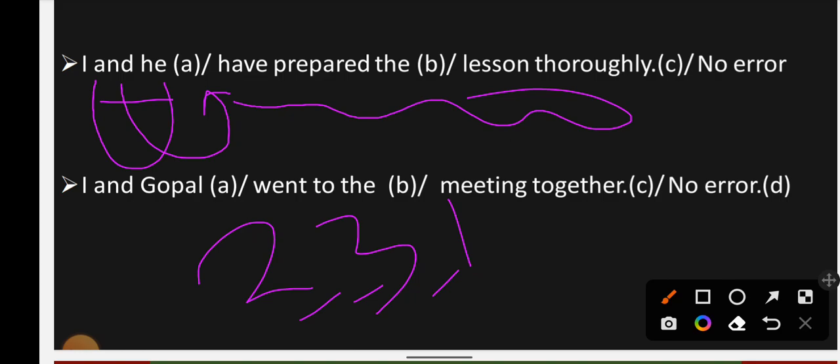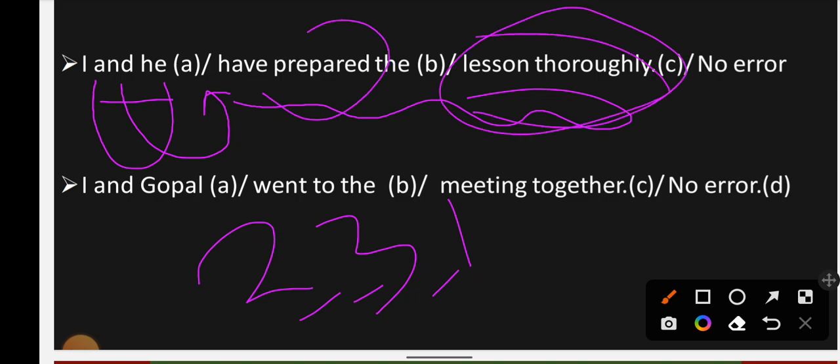What I am saying is, if a sentence shows positive or conveys any rewarding manner, like this lesson is truly prepared, this is not a negative sentence. So this is a kind of positive sentence.